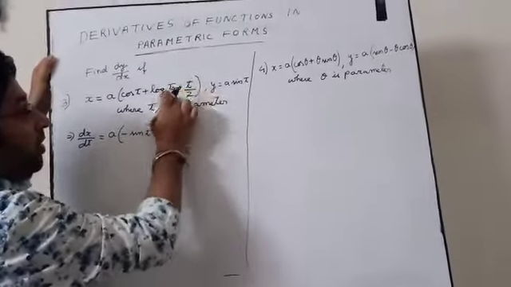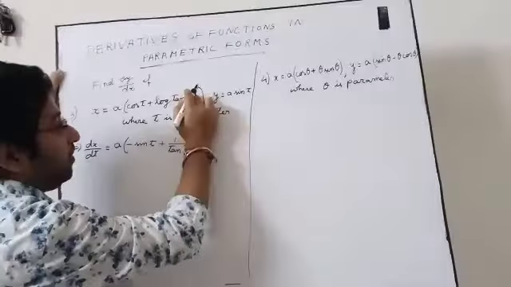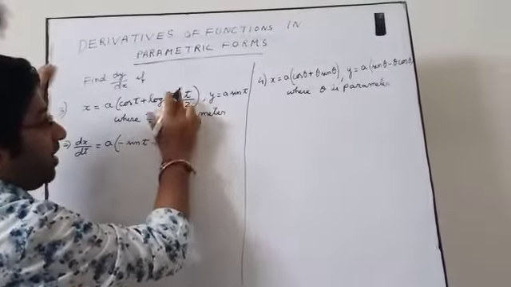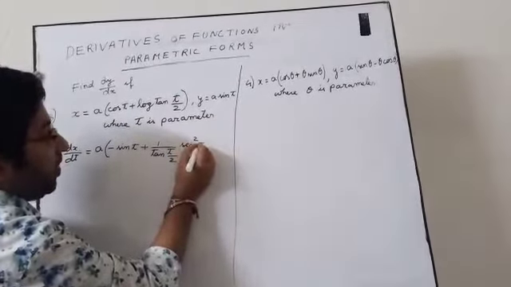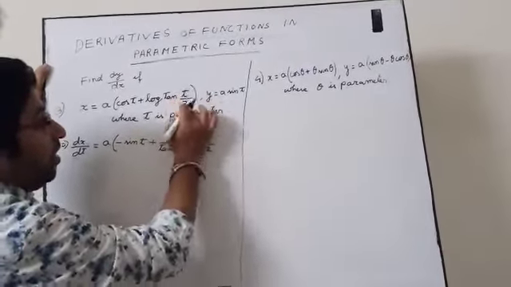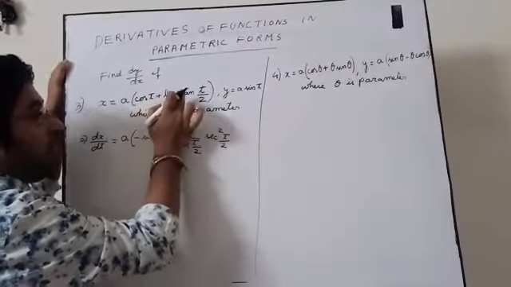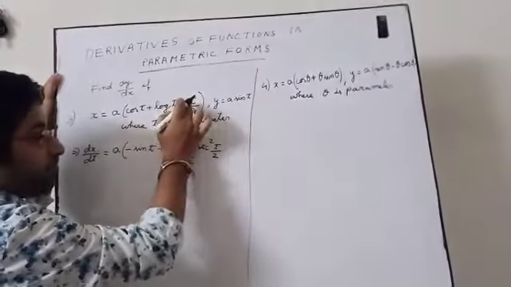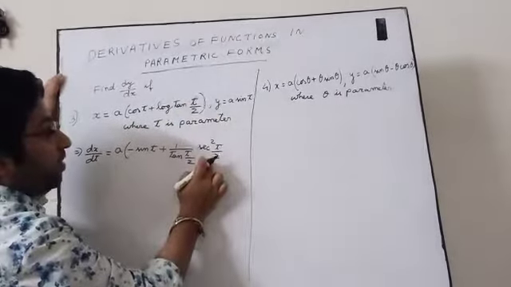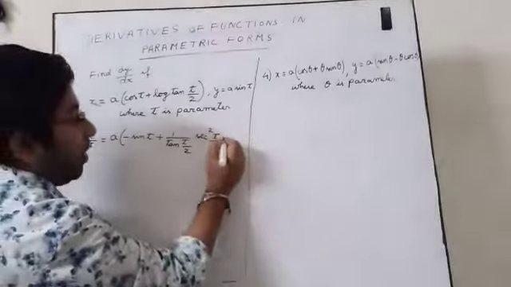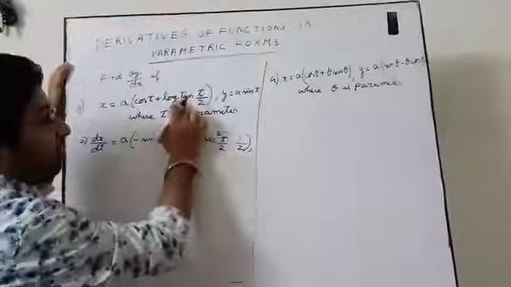Again you have to do the derivative of tan t by 2. Finish the derivative of tan: the derivative of tan is sec square t by 2. Again chain rule, d/dt of t by 2. First you have to finish the outside one, next tan, next t by 2. So 1 by tan t by 2, d/dt of tan t by 2 will be sec square t by 2, and again d/dt of t by 2, so 1/2 will come. This is the chain rule technique.